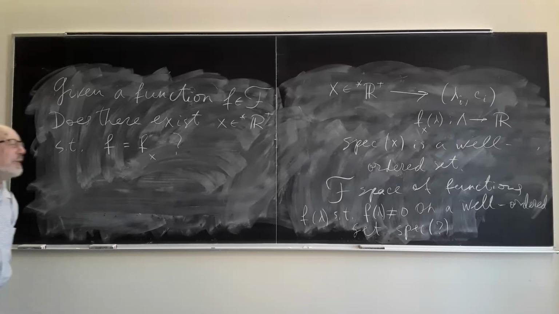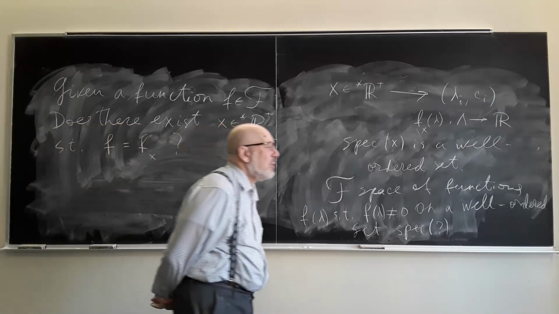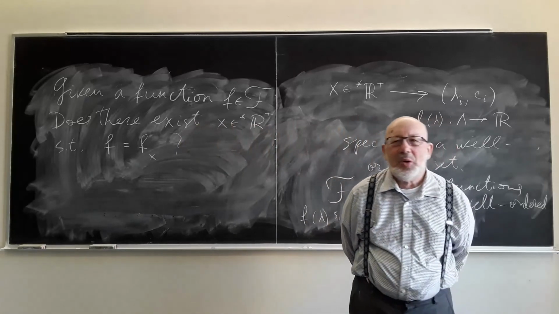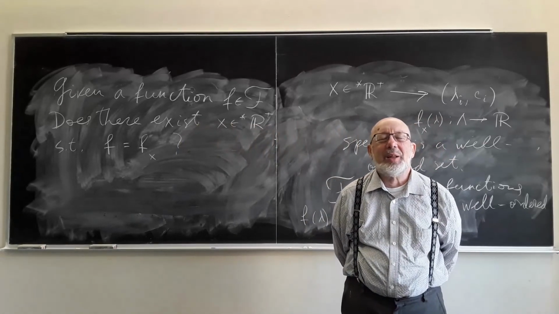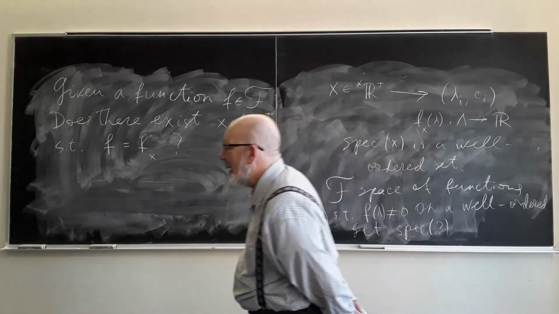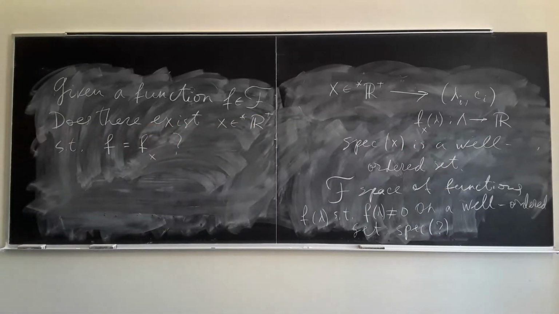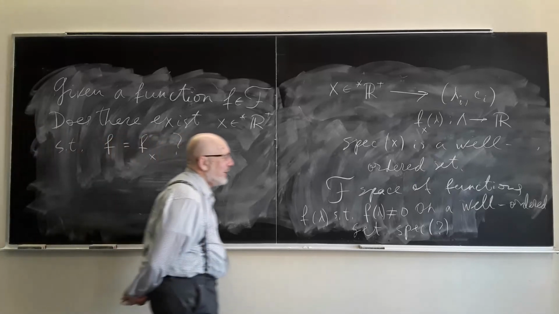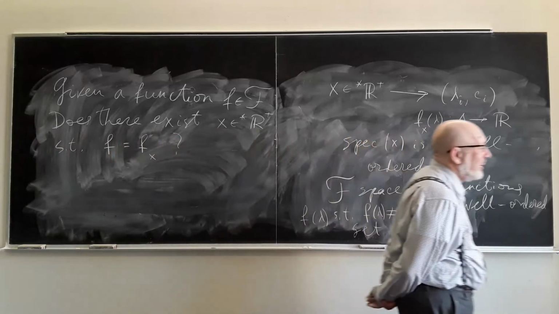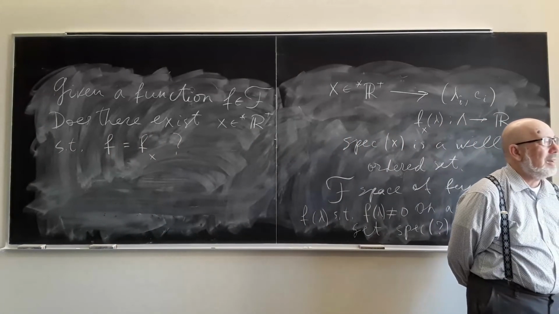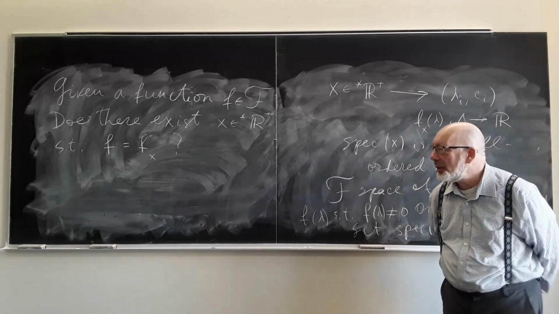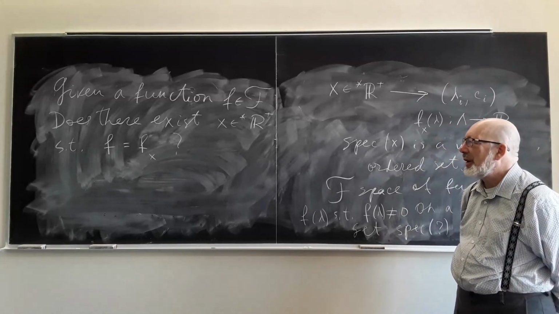So, if what we did before could be called analysis of a number, spectral analysis of a non-standard number, here we have a problem of spectral synthesis. Given some spectrum and the function c I on the spectrum of lambda I, we want to synthesize a non-standard number x, such that further analysis returns the same object, the same spectrum.